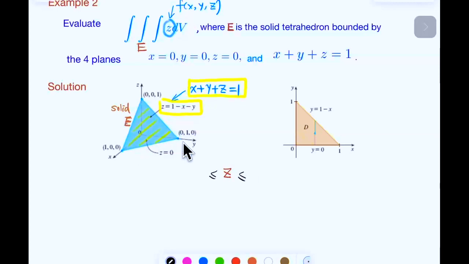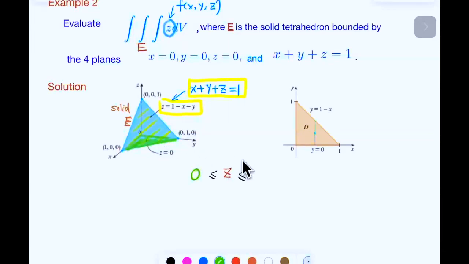Bounded below by z equals, let me highlight that, this, the bottom, the green one. So let's write it down. This is the xy plane, so z equals 0. So bounded below by 0.